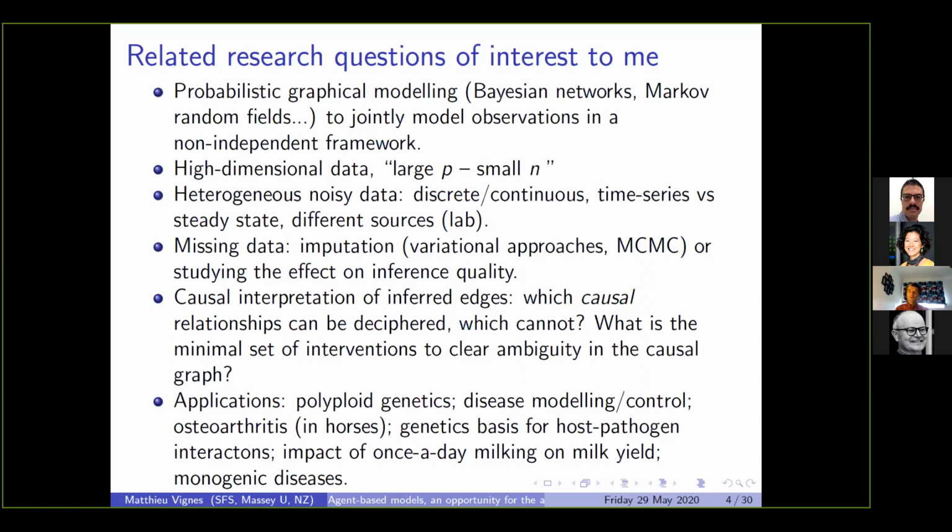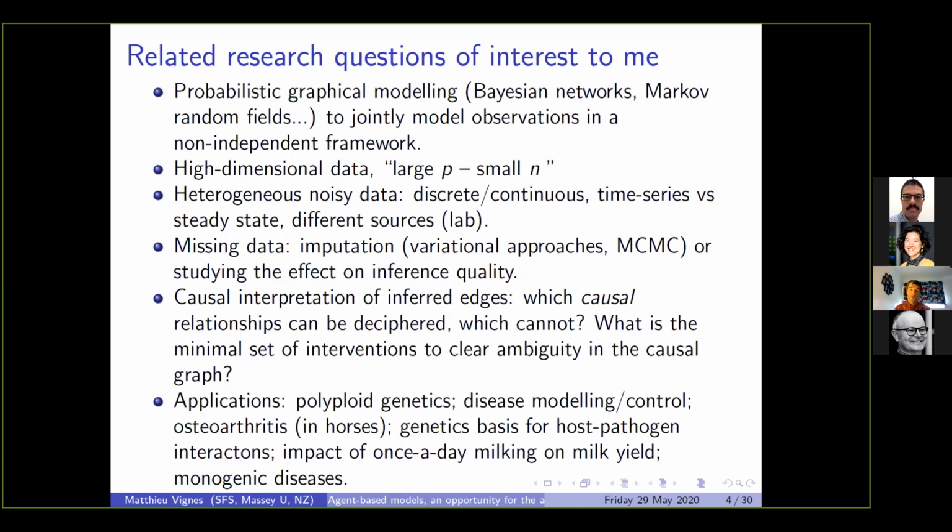Either you want to impute them or you want to study the effect of having missing data on the quality of the reconstruction of the graph you're doing. You can have missing data in one layer, even if you have observed data in this layer, but you can also have missing data in an entire layer. And what it means in terms of the reconstruction of the interactions usually means that you're going to reconstruct indirect interactions. And how do you interpret those?